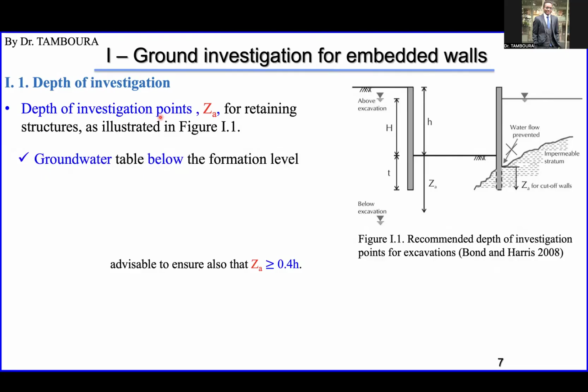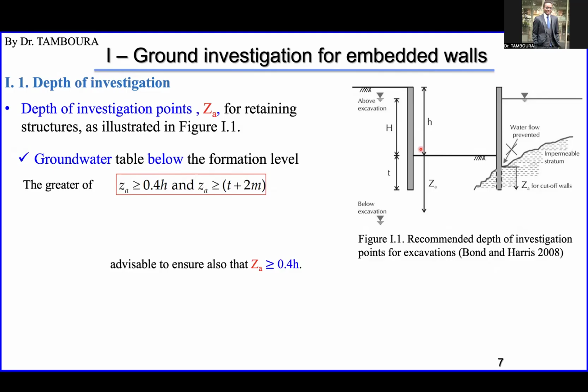So for the case where the groundwater table is below the excavation, like here, you need the value of ZA to be the biggest between this one and this one. 0.4 H, small h, you see h here, the height of the wall, or let's say the depth of your excavation.